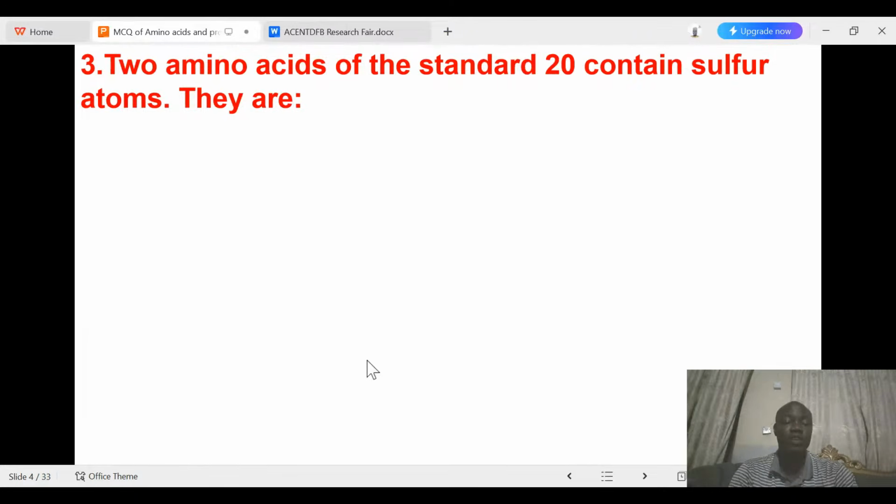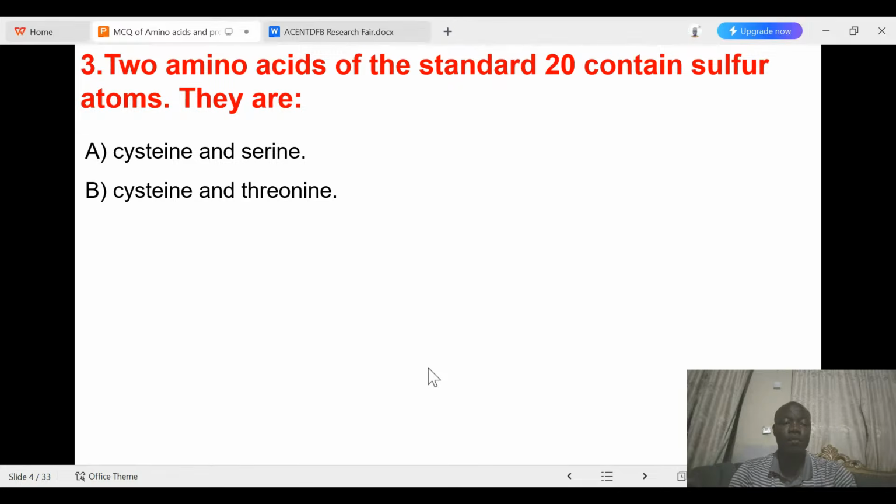So let's look at question 3. Two amino acids of the standard 20 contain sulfur atoms. They are, so we have some of the amino acids that have sulfur in them out of the 20. A, cysteine and serine. B, cysteine and threonine.